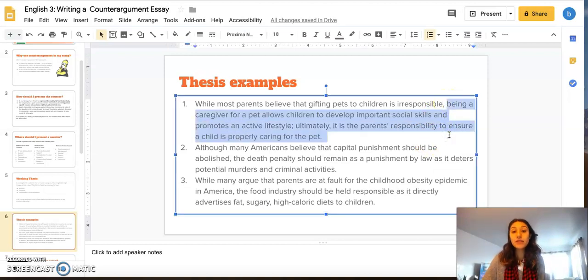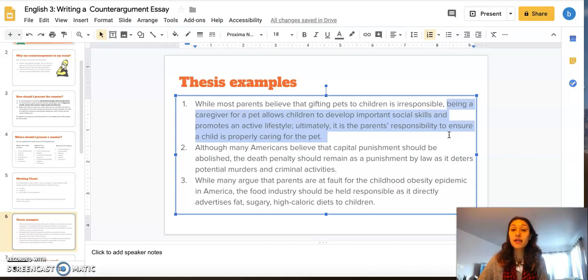The position is found here in the highlighted portion. So overall, what this paper is going to be arguing is that it is okay for children to receive pets as gifts. It would be a terrifying thing to happen, to me anyway, but the reason why is that it's the parent's responsibility. Like if you're a parent and you're gifting your child a pet, it is ultimately your responsibility.